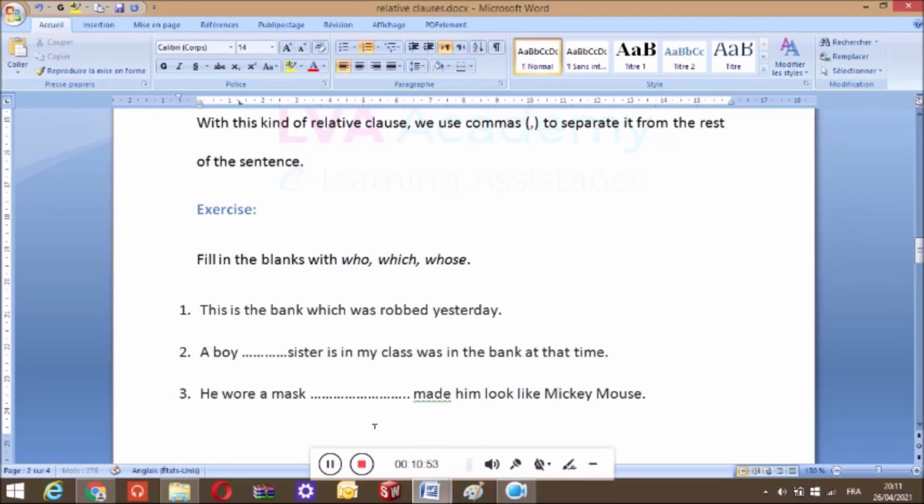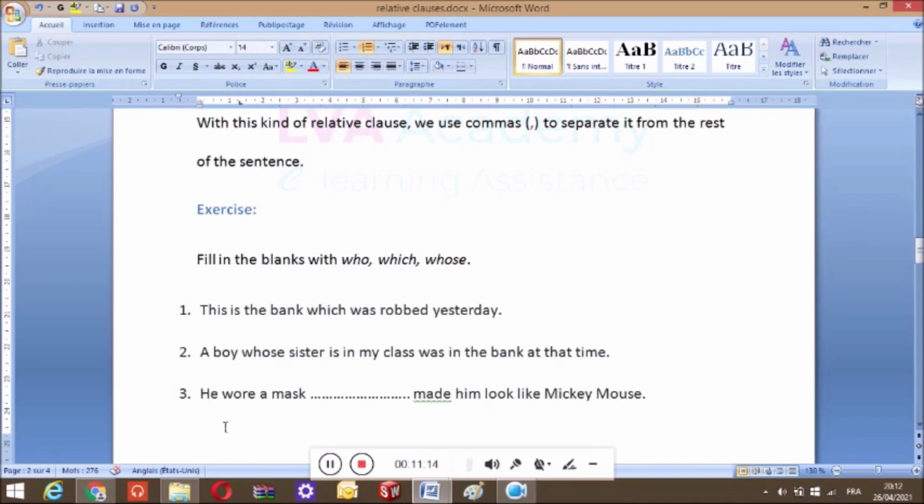So, here we need to use whose because we are talking about a possessive. A boy whose sister is in my class was in the bank at that time.